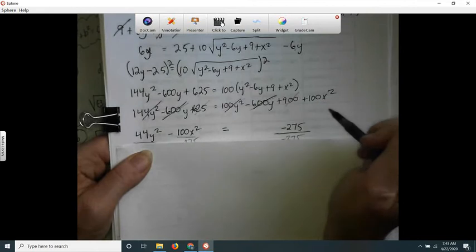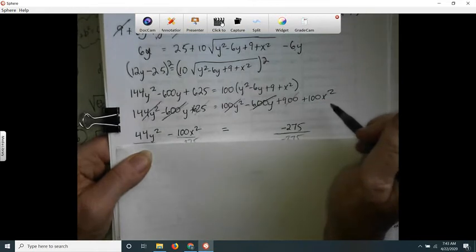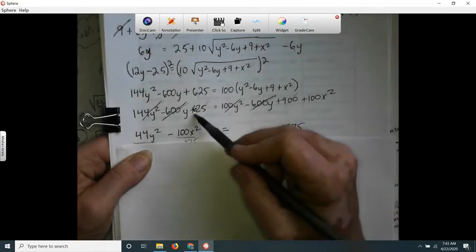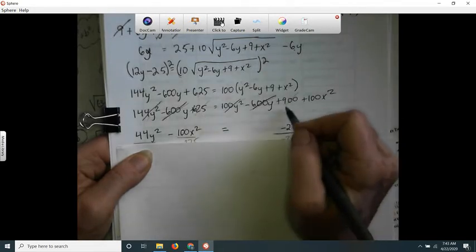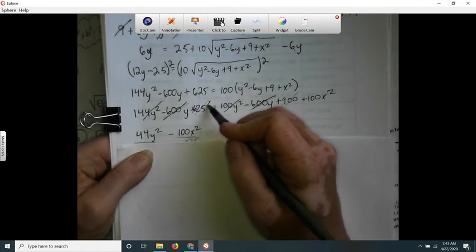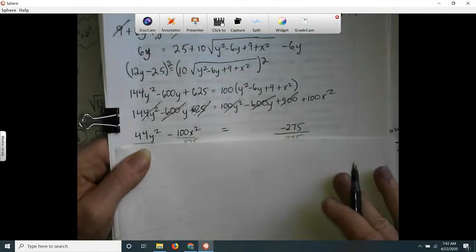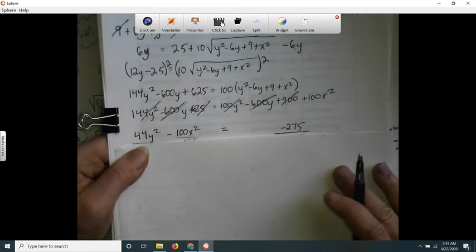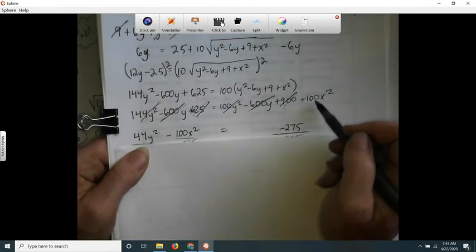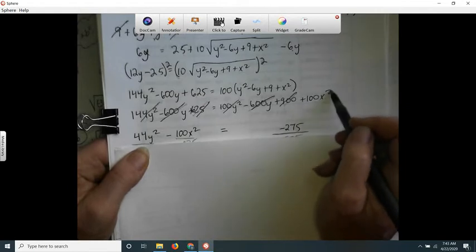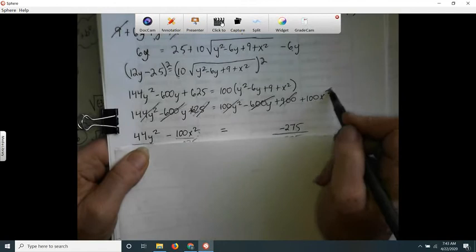And then I see my 625. I wanted to subtract it on both sides. So 900 minus 625 gave me negative 275. And then I'm going to subtract 100x squared on both sides. So that's how come it's over here now.